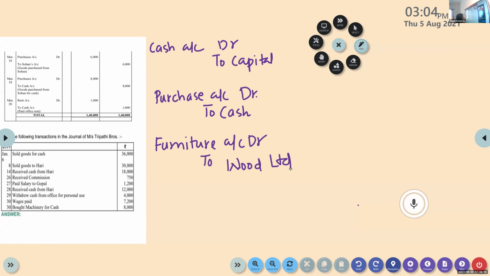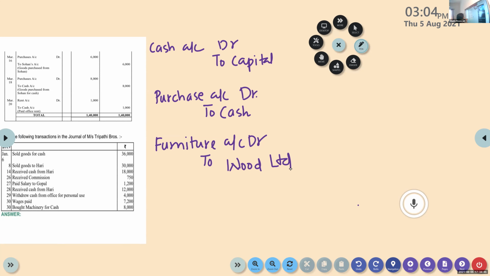Okay, that is a furniture shop. What do you understand from that? Is it a cash transaction or a credit transaction? Credit. It is a credit transaction because a name of a business is given. It is not cash.